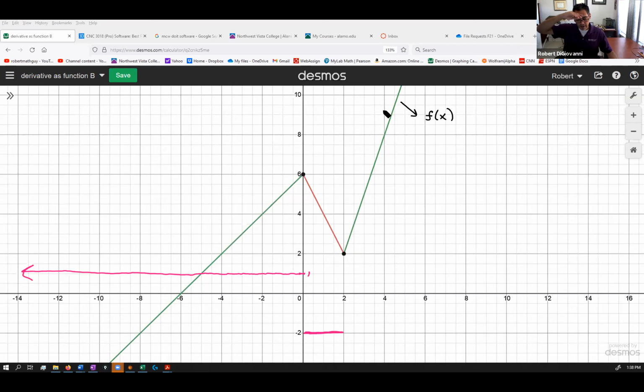Because it's a straight line again. So I just need to know the slope of it. From 2 up to 8, that's 6, and then over 2, so 6 over 2 is 3. Looks like a slope of 3. So that means starting at 2, I'm going to go up to 3. 3's here. And I'm going to draw to the right like this. There we go.